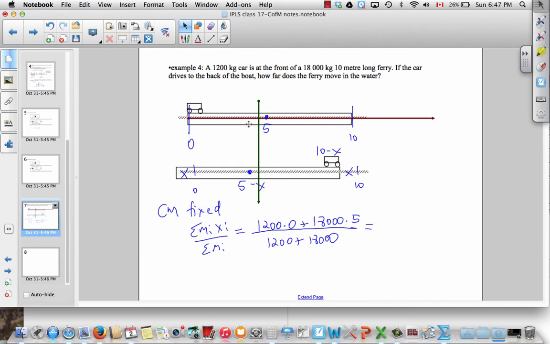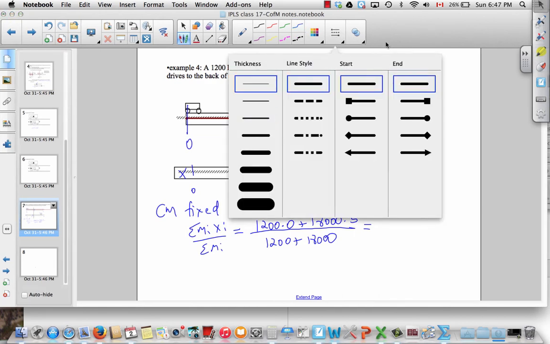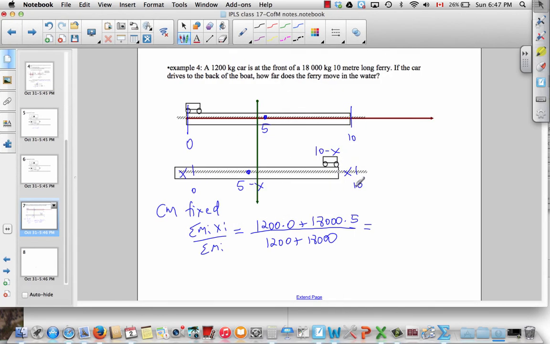Okay, so now afterwards, it's got to be the same spot, but now we're going to have a statement in terms of our unknown x, because now we've got the 1,200 kilogram car at 10 minus x, and we've got the 18,000 kilogram ferry at 5 minus x, and then we're dividing by the same 1,200 plus 18,000.